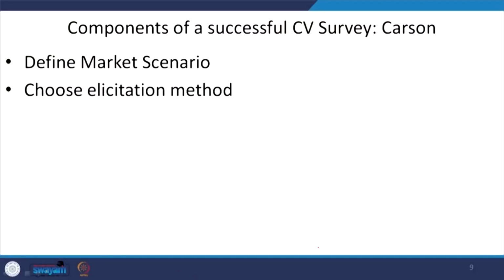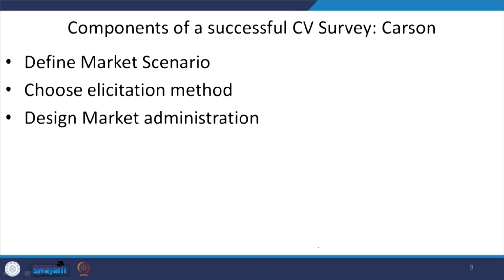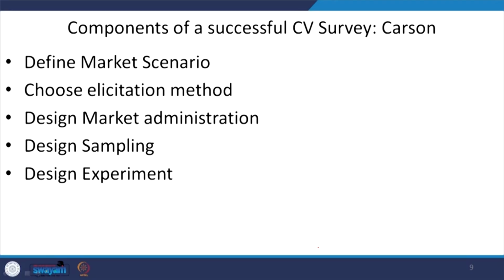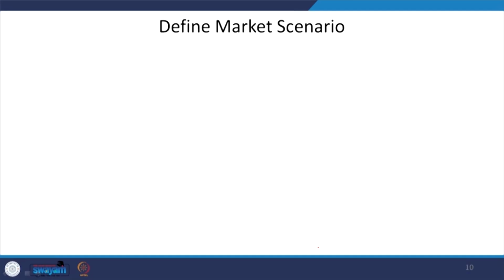The second one is choosing the elicitation method: what would be the medium of eliciting value. Next is how to design the market administration, how to design the sampling, then designing the experiment itself, and finally estimating the willingness to pay functions for the particular market scenario based on the environmental attributes under discussion.